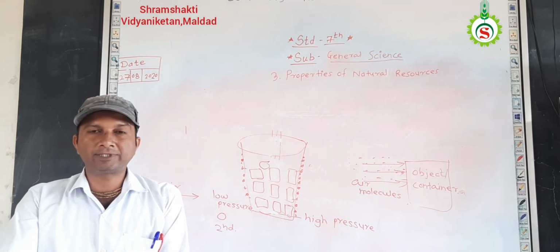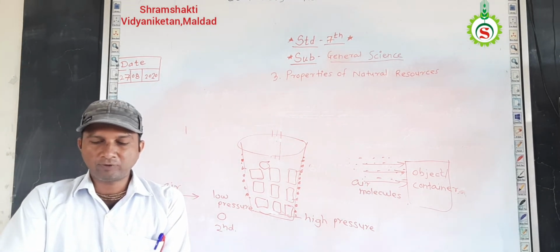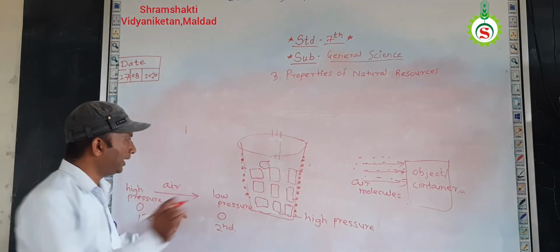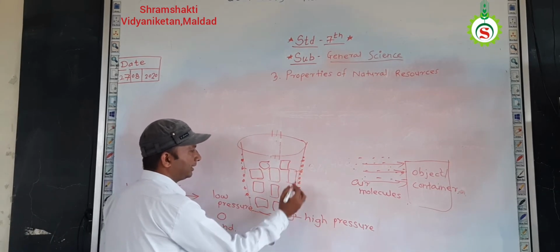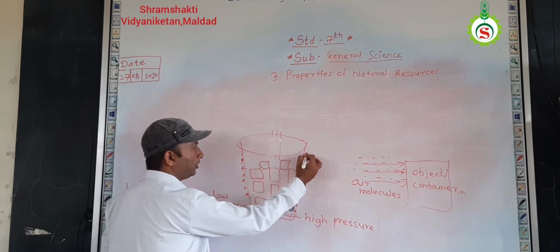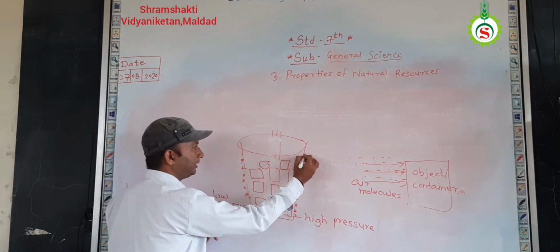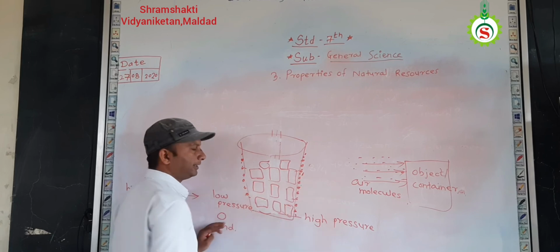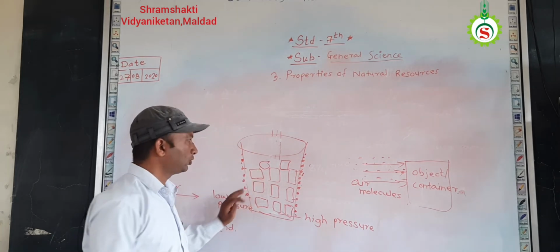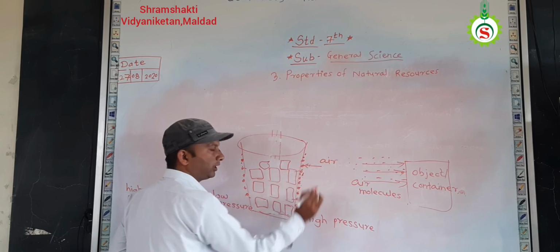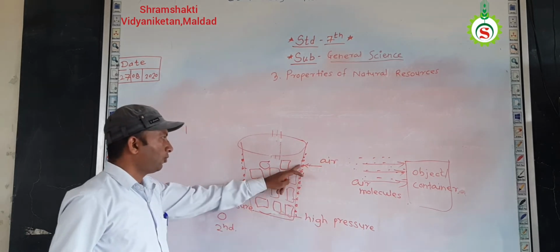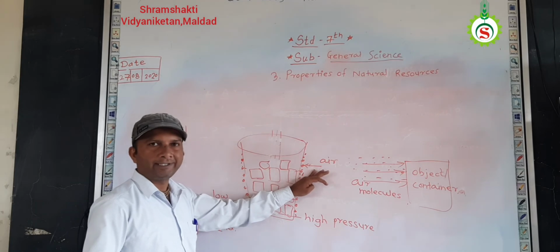Due to the ice cubes in the glass, the air surrounding the glass cools down. The air molecules present outside the glass, near the surface of the glass, cool down due to the ice. So the air is converted into water vapors, or water molecules, due to the condensation process.